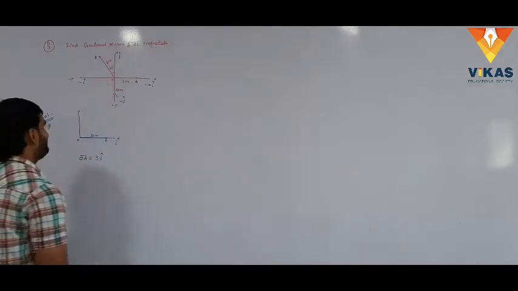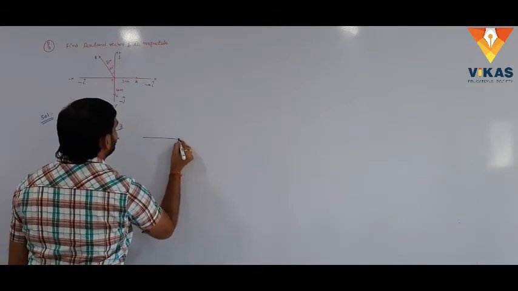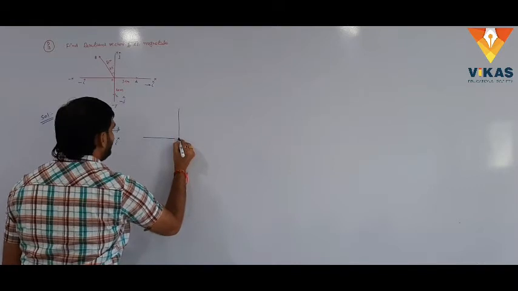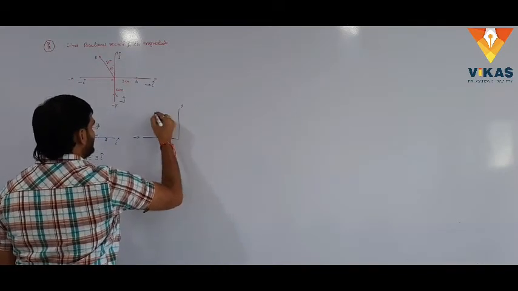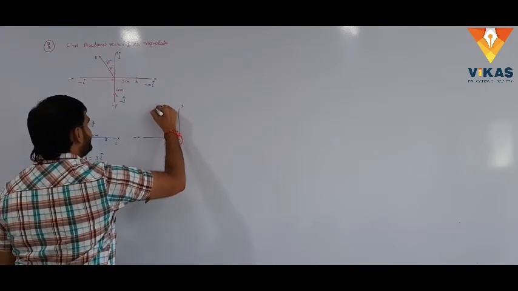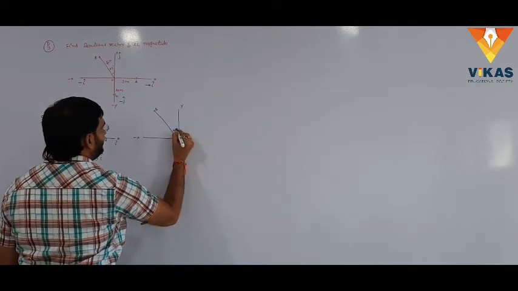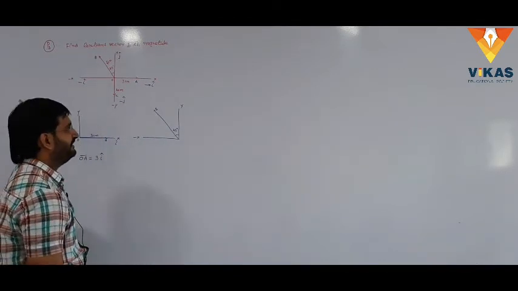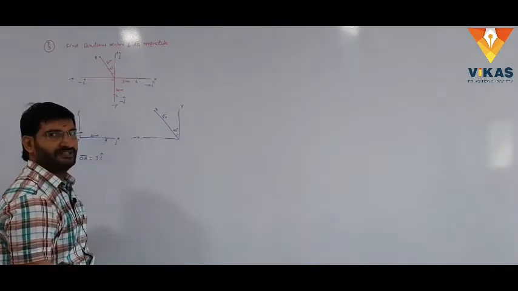Very good. Here the second diagram, the second vector you can find. This is the minus x-axis, this is the plus y-axis, and this is B. It makes an angle of 45 degrees with the y-axis. How much length is there? That is root 2.